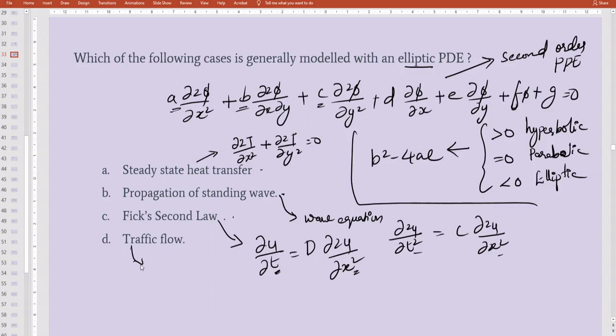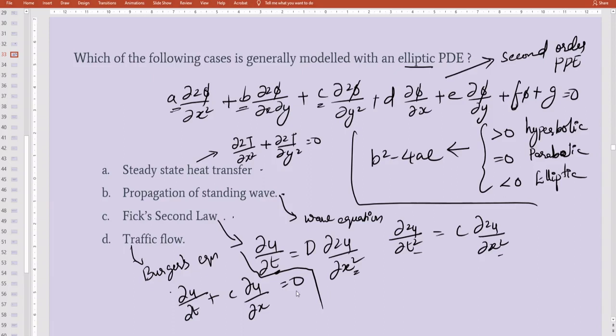Traffic flow is actually modeled with Burger's equation. So Burger's equation in one dimension can be written as ∂u/∂t plus c into ∂u/∂x is equal to 0.